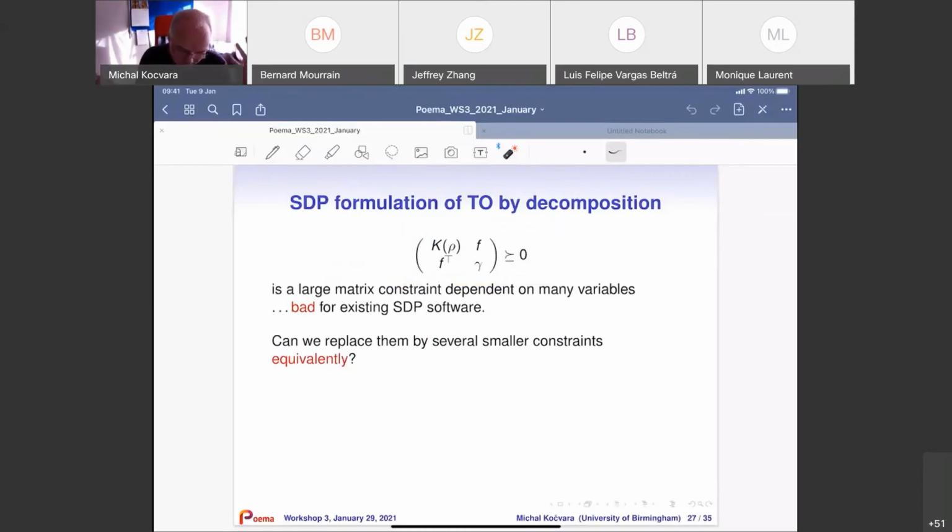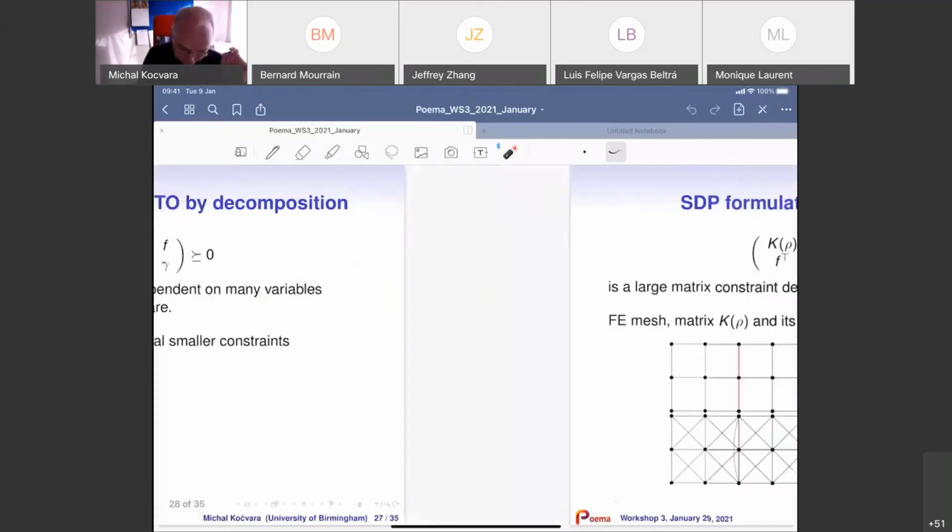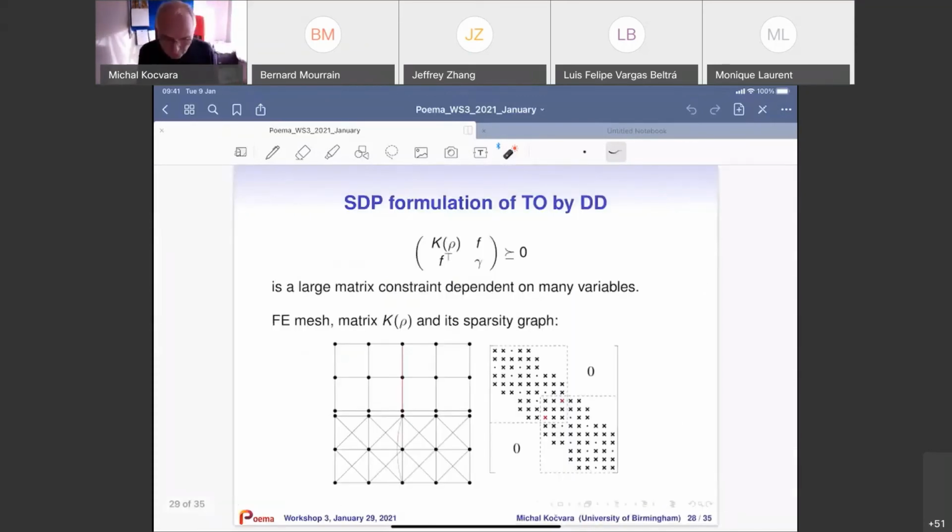Okay, the question is, can we replace that by several smaller LMIs? And for that, we have to look at the sparsity graph of our matrix K. The nice thing here is that the sparsity graph of the matrix is completely determined by the finite element discretization.